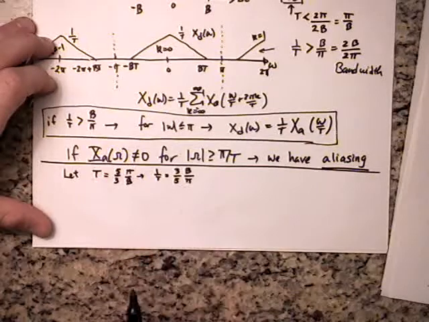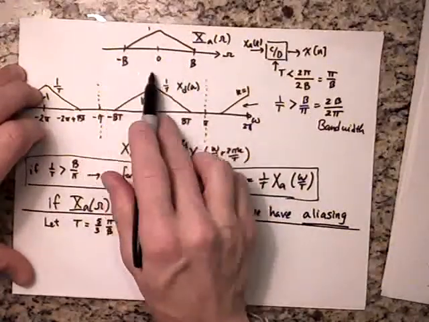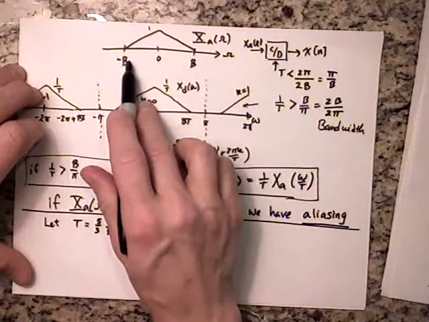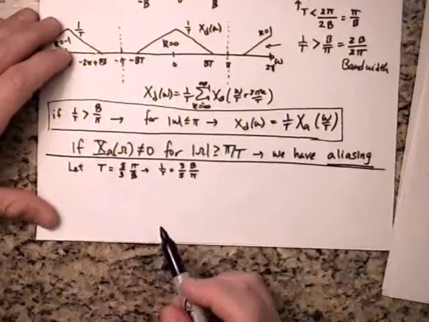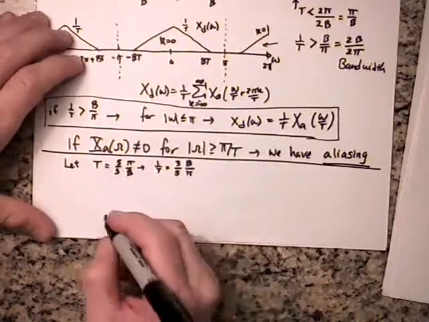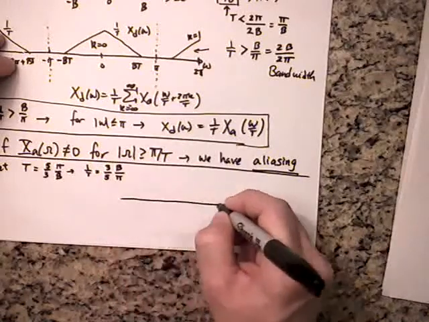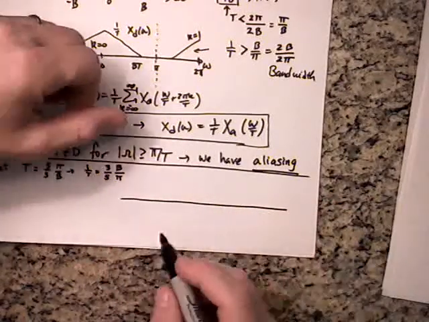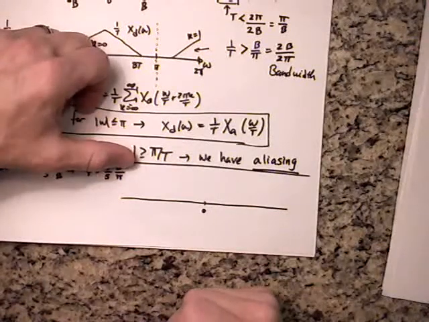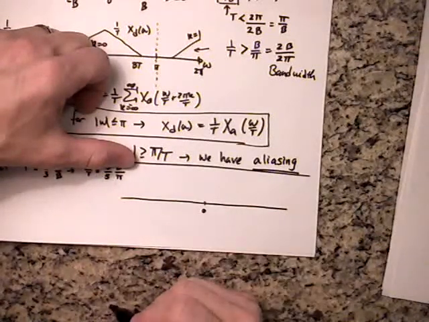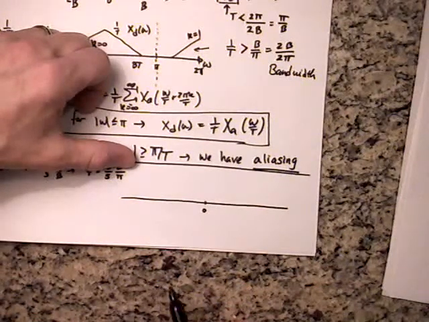Then what happens? Well, starting with this same canonical spectrum, something that's band limited from minus B to B and has height 1, let's draw the k equals 0, k equals 1, and so forth terms. I'll draw it over here. So for the k equals 0 term, let me give myself thirds.